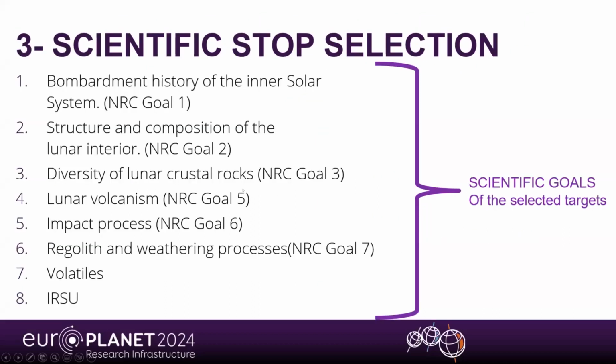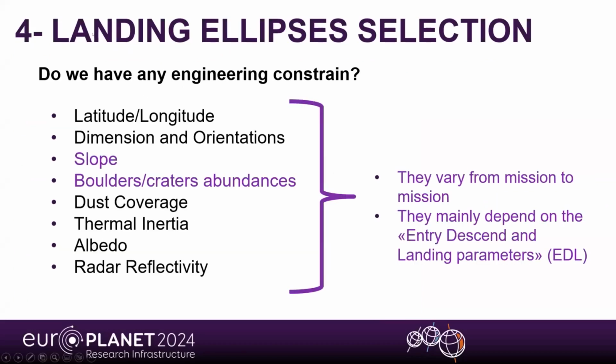After this, we decided the landing ellipses of the mission we were supposed to do. This is a very tricky part because it's an important part of the decision, and here you have to ask if you have any engineering constraints. In our case, we didn't have any because it was a proposal of a mission.